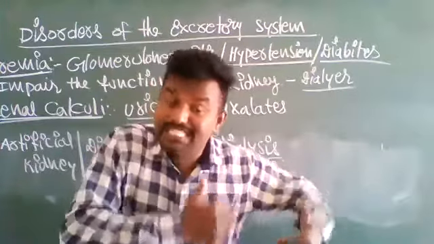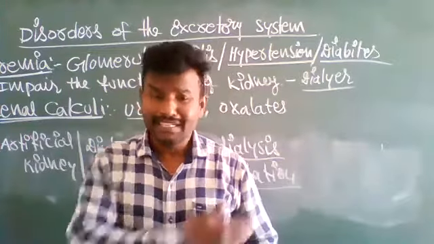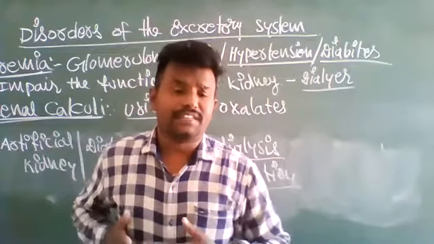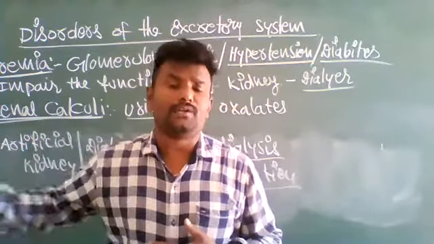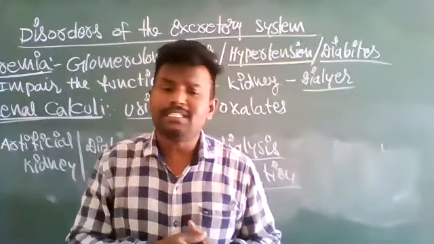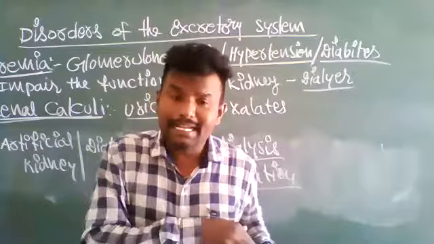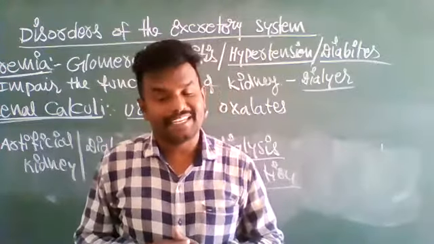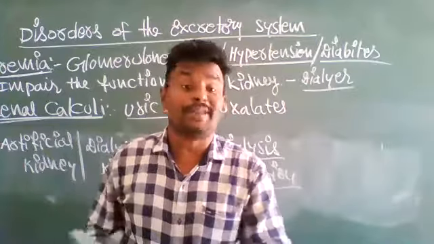The immune system doesn't know that the person's kidney failed and that he took a transplantation of a new organ. It doesn't think like that, and immediately it starts producing antibodies against the transplanted kidney. At that time, the transplanted kidney also gets damaged.